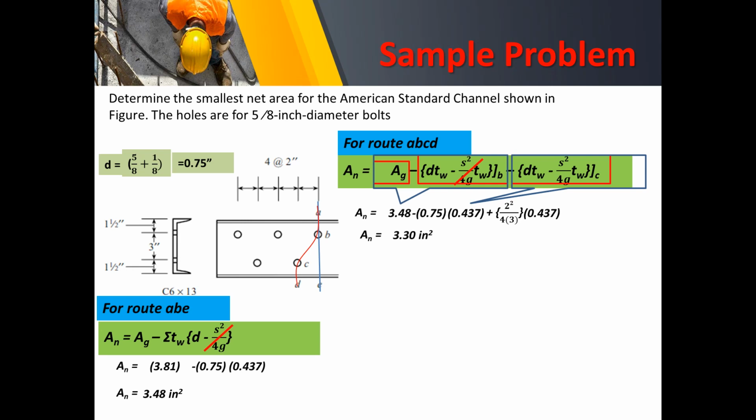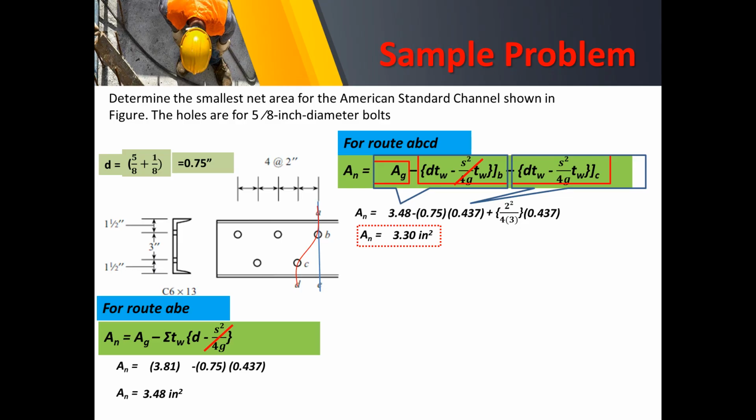Therefore, the net area will be equal to 3.3 square inches. So this will be considered because this will be the least net area from the possible routes we have calculated. So this will be the answer.